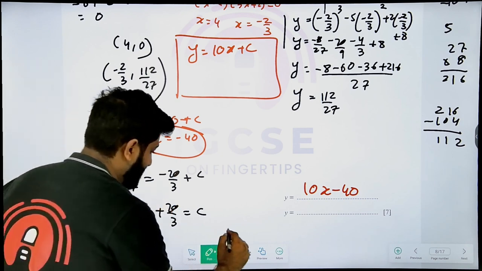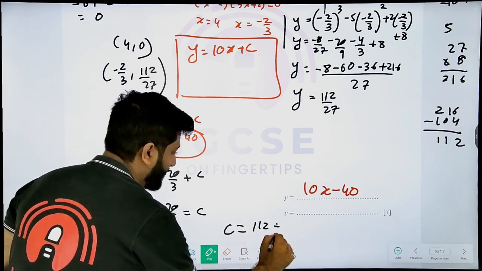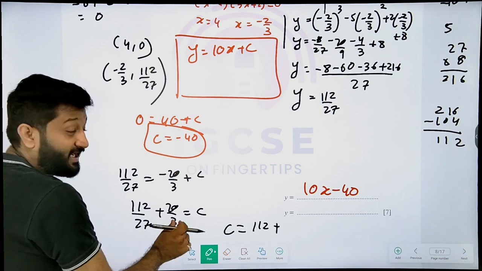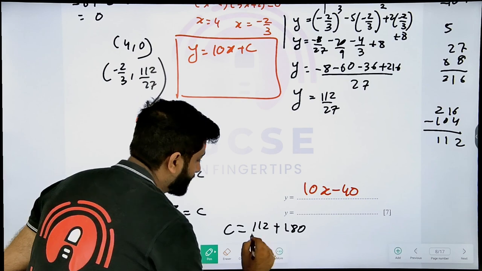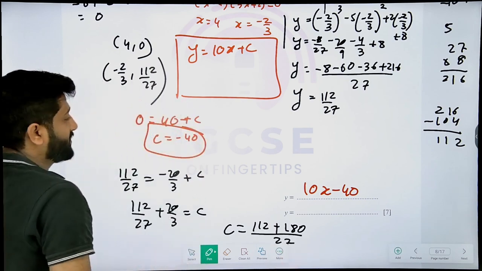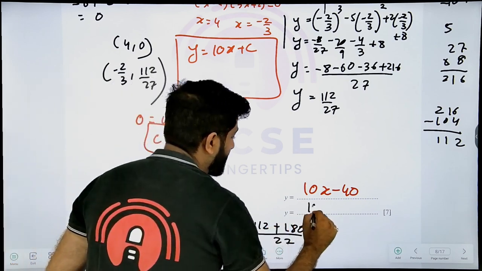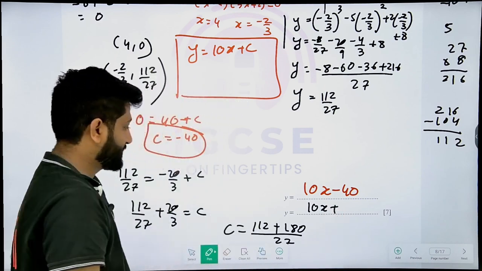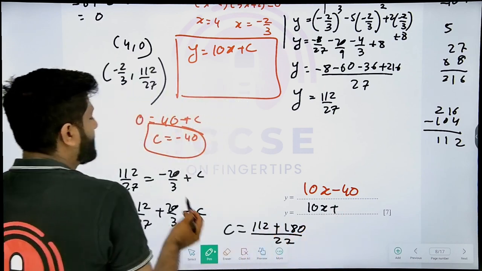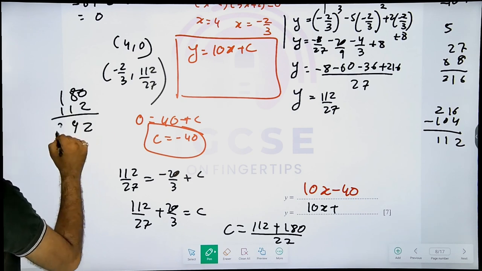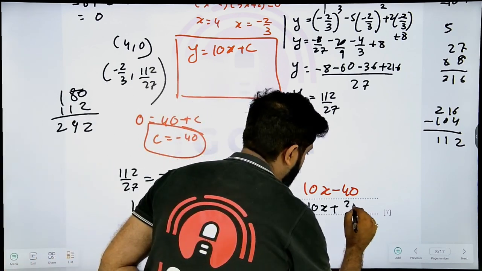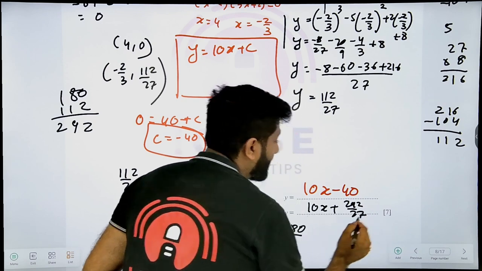So you have c as 112 plus, 3 into 9 will give me 27, so 20 into 9, that is 180 over 27. So now the equation is 10x plus 180 plus 112, 292. So you have 292 by 27.